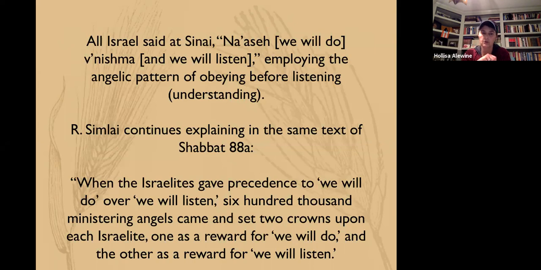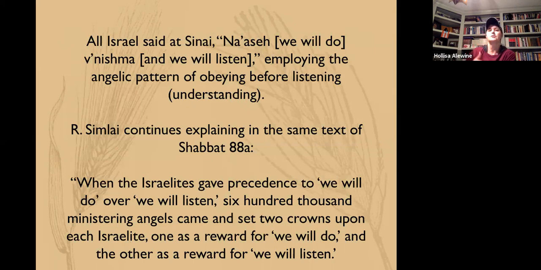One as a reward for we will do, and the other as a reward for we will listen. So here we have context for two traditional Jewish ideas about the crowns and the tongues of angels. And they both go back to the same thing. They're not really two different things. It's two ways of saying the same thing.